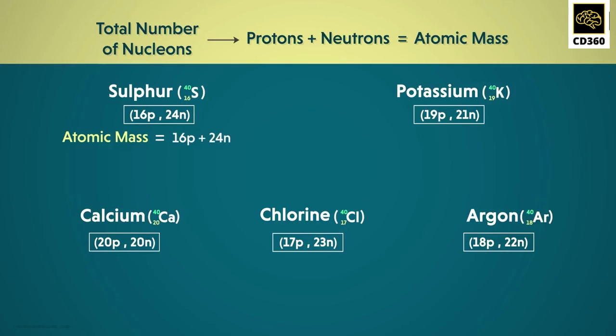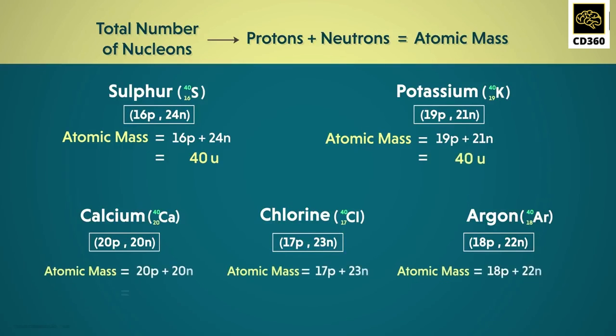So the atomic mass of this isotope has to be 40 units, that's 16 plus 24. Next is the potassium isotope having 19 protons and 21 neutrons. So again, we get the atomic mass as 40 units. And similarly, we get the atomic mass as 40 units in each of the remaining cases.